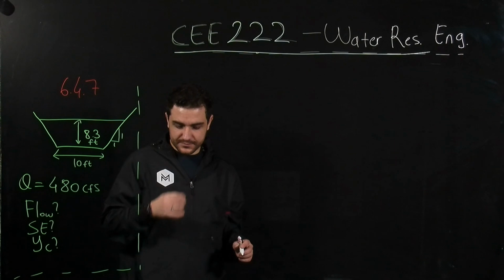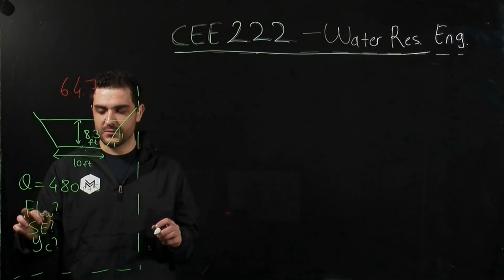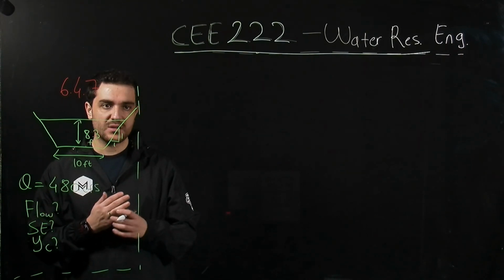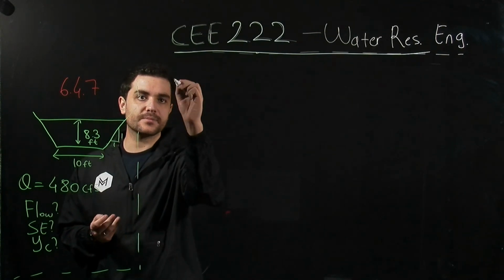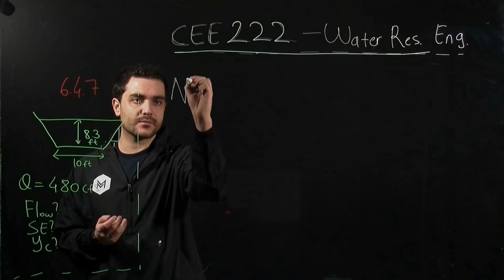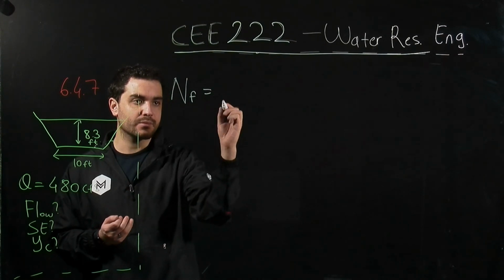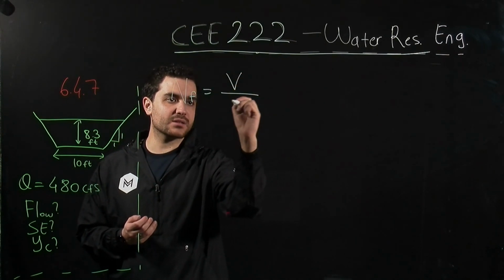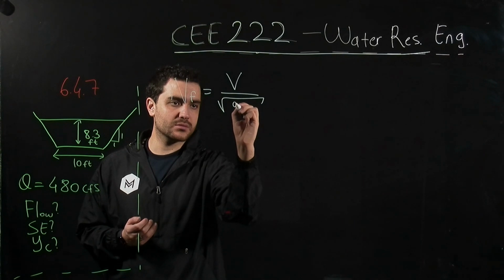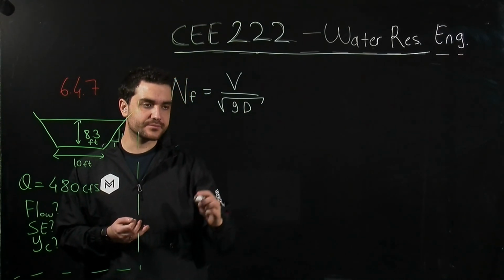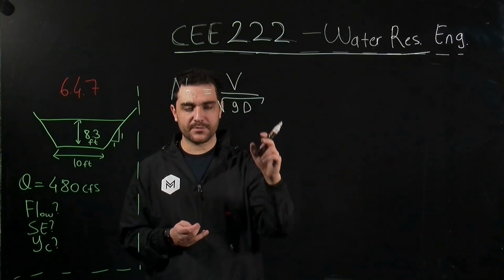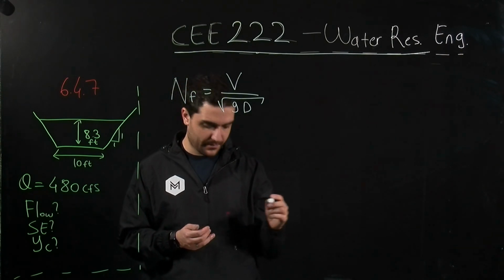So first of all, to find the flow type or flow classification, we will start with the Froude number. We had velocity over square root of g times D, where g is acceleration and D is the hydraulic diameter.